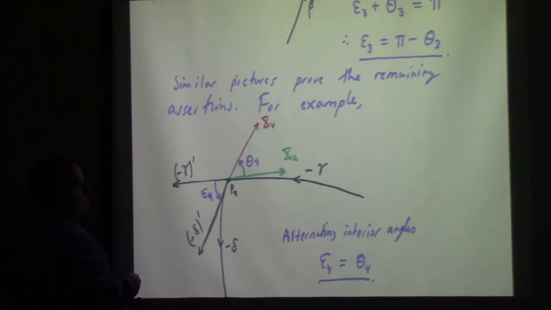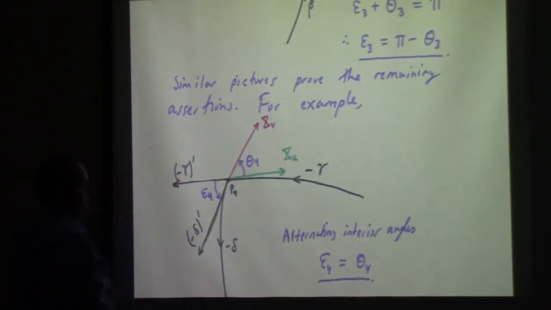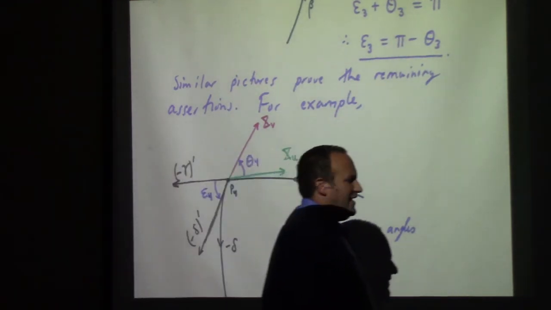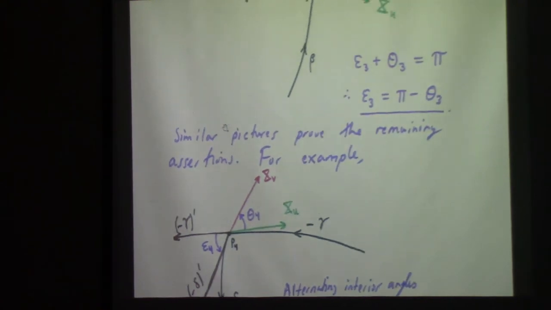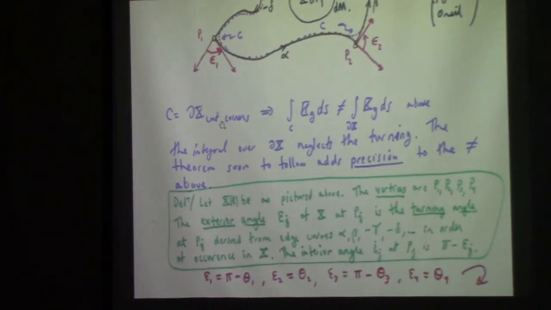And the interior angle, sweeping from this to that, is actually equal to, theta 4 is equal to E4 here, in this case. Although theta, I've used I in the other page. Oh, no, I'm sorry. I'm a victim of my earlier reading. There's no I here yet.